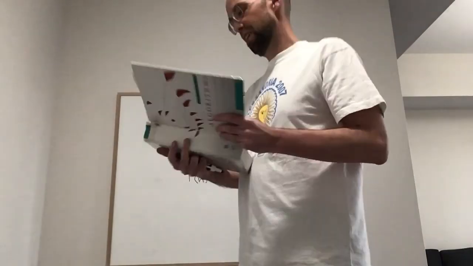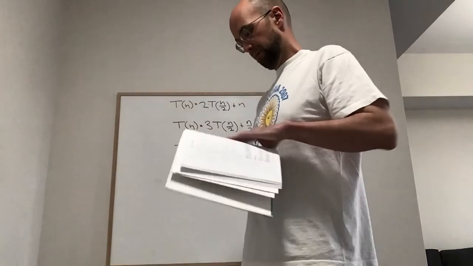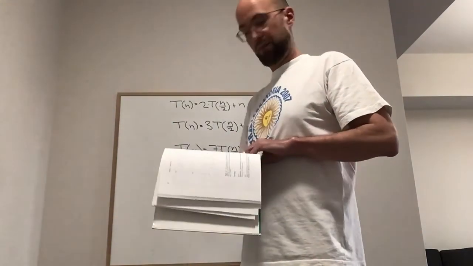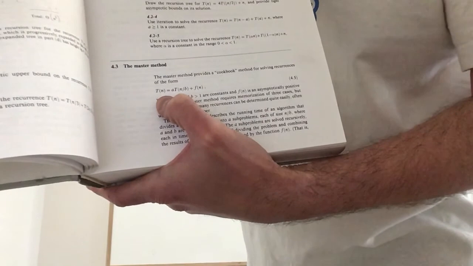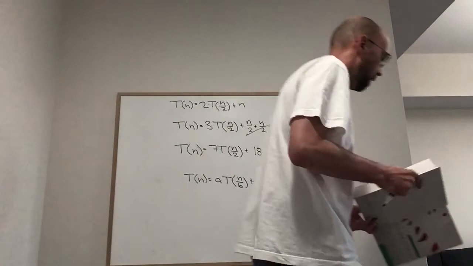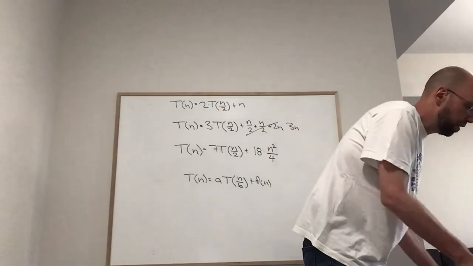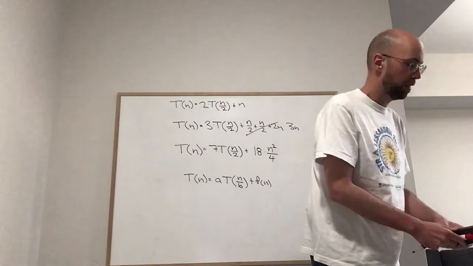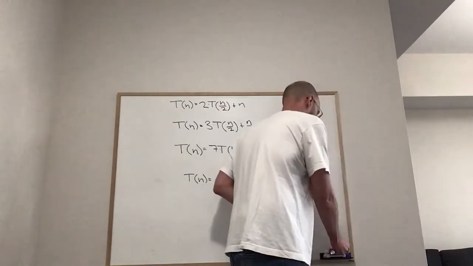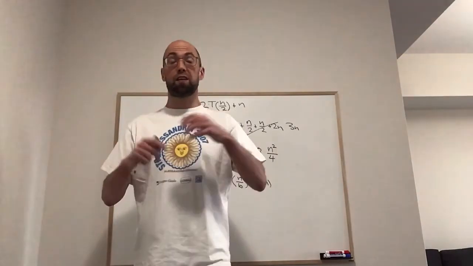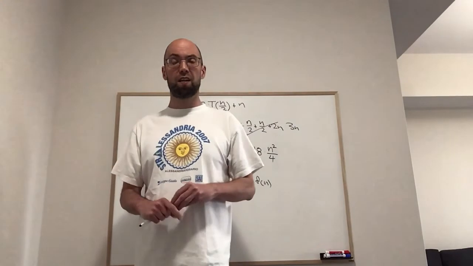T of n equals a T of n over b plus f of n. Now there are 3 cases which roughly correspond to which of these parts of the algorithm dominate, which is the expensive part, okay?